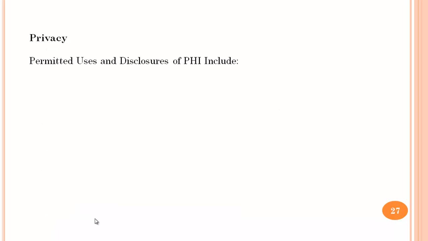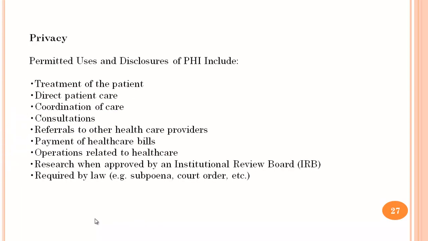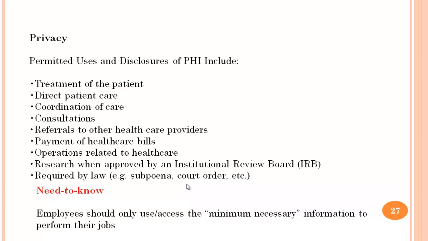Privacy. Permitted use and disclosure of PHI include treatment of the patients, direct patient care, coordination of care, consultation, referral to other healthcare providers, payment of healthcare bills, operations related to healthcare, research when approved by the Institutional Review Board (IRB), and as required by law, for example, subpoena, court order, etc. Need to know.